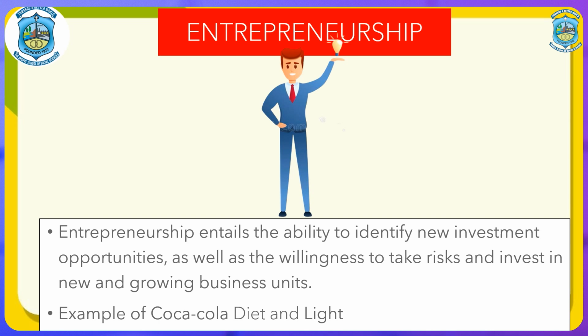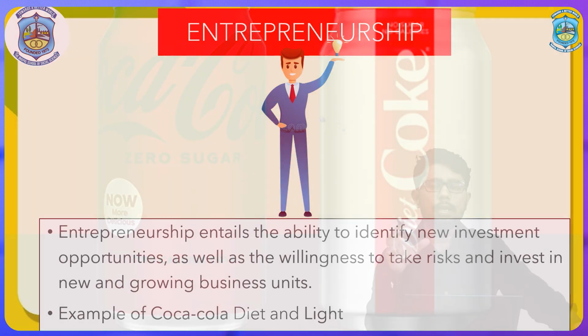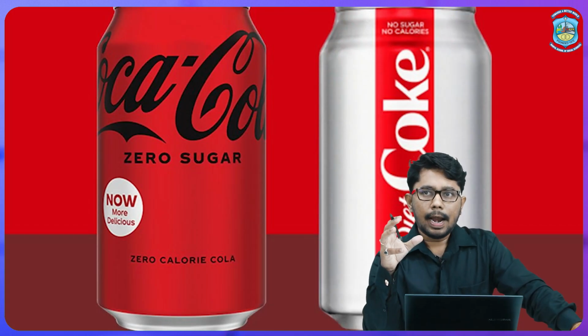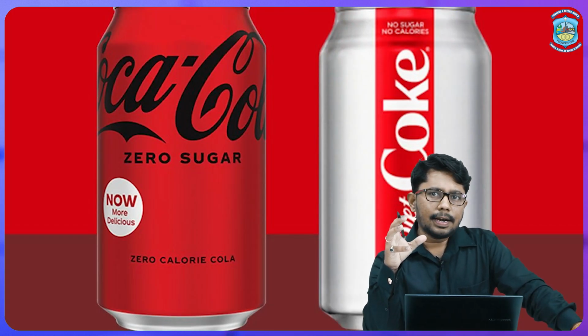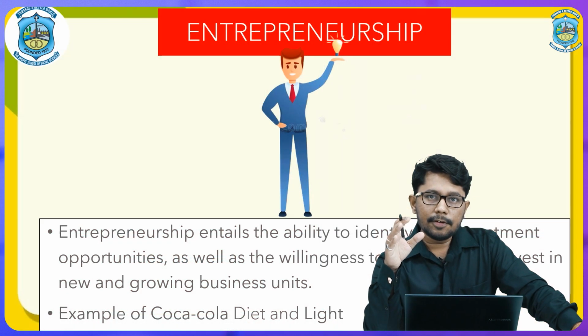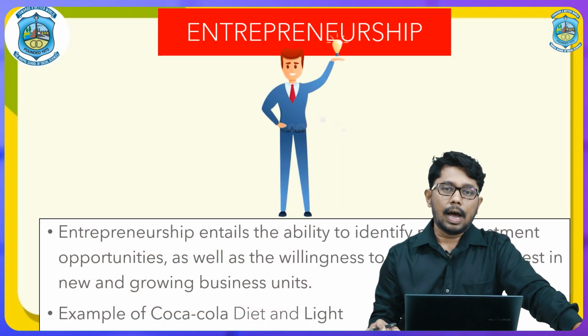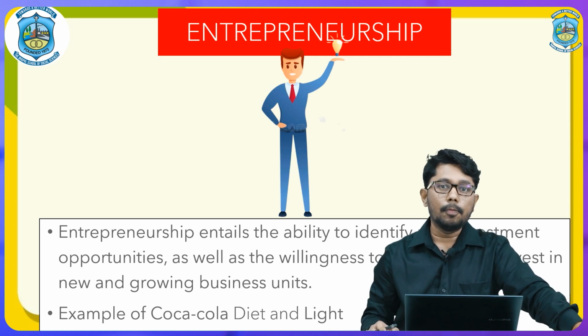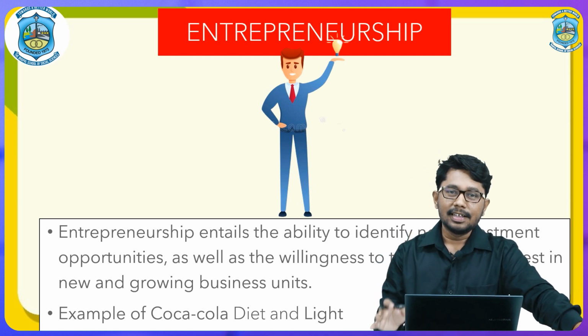Like if you have heard about Coca-Cola, Coca-Cola came with a new entrepreneurship skill, Coca-Cola Light, Coca-Cola Diet. Coca-Cola Diet basically has no sugar, and Coca-Cola Diet had a very huge loss in Japan. Why? Because if you ask a Japanese person, are you on a diet, they may slap you back because they are very concerned about sugar.